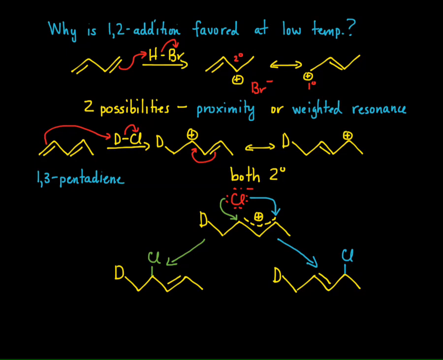What do we see? We see a 76%, 24% mixture, and therefore this leads us to thinking that it's solely based on proximity and not weighted resonance. And this makes things a lot easier for us, really, in terms of predicting products.